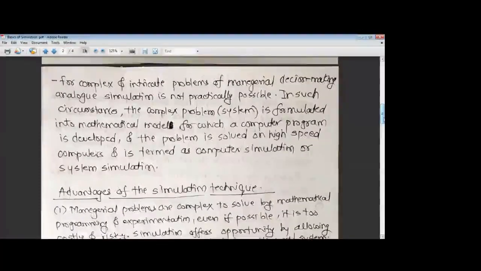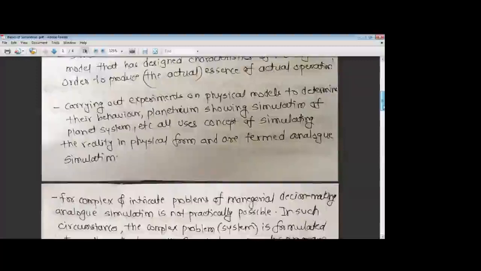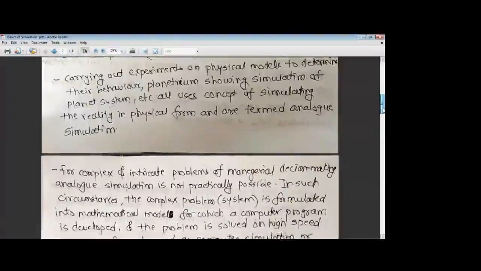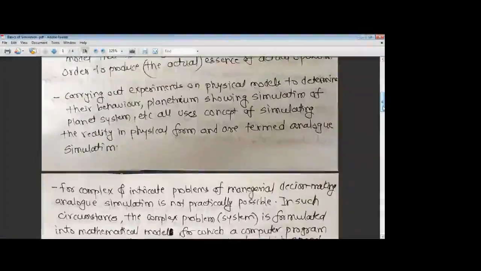Only to make a difference: if you have constructed a physical model, for example a prototype, and you are doing experimentation on the prototype to imitate the reality, that prototype is in physical form. It is a physical model, and that simulation is called an analog simulation.